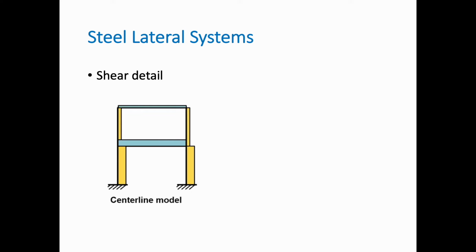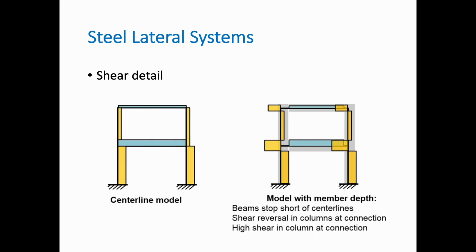Same thing appears when we have the model for the shear detail. As you can see, on the left is the centerline model, but when we have the member depths, the profile of the shear changes. So we've got the beam stop short of center lines, we've got the shear reversal in columns at the connection, so you can see now that the shear is on the left, whereas the column, let's just show you here.